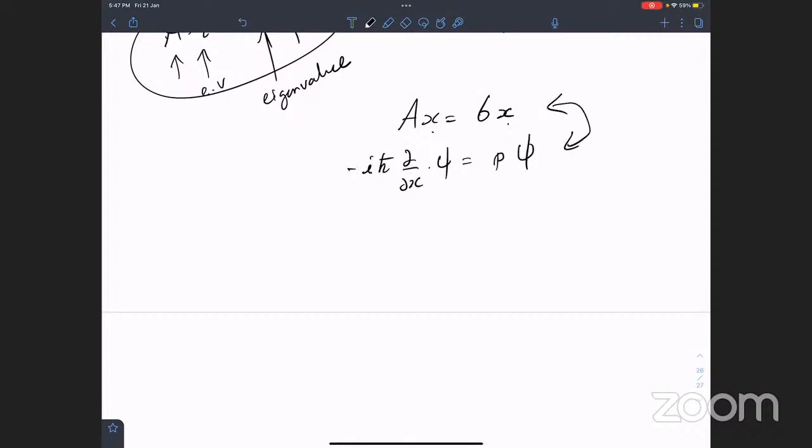In addition, I already told you that x is a vector, but I also told you that this psi is also a vector, but an infinite dimensional vector. So what should you conclude? Immediately you should conclude that whatever this is, it must be a matrix, an infinite dimensional matrix. Infinity cross infinity is the size of that matrix.